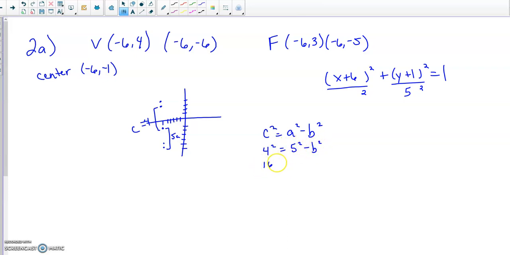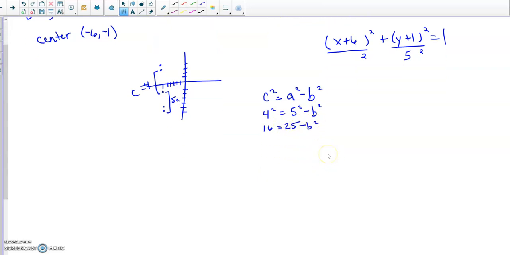So 16 equals 25 minus B squared. I'm going to subtract that over, so I get -9 equals -B squared. I'm going to make both sides negative. That's legal because we're doing it to both sides. And now take the square root, and I get 3 for B. And there is your final answer.